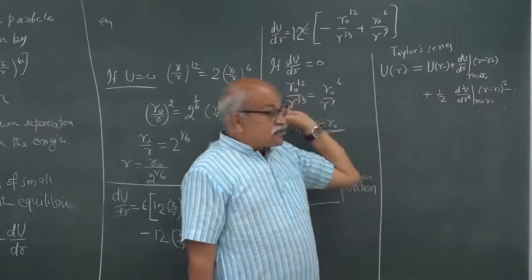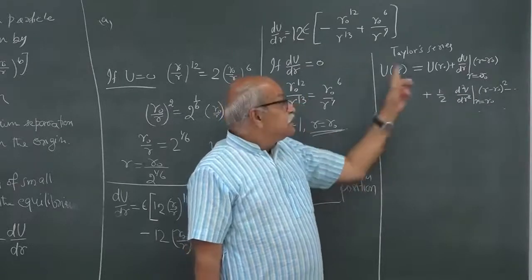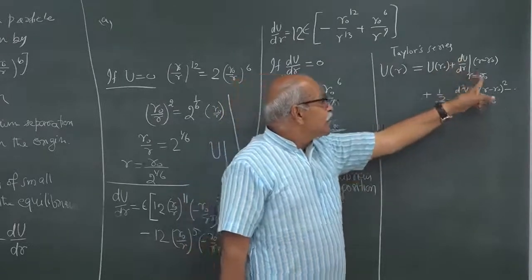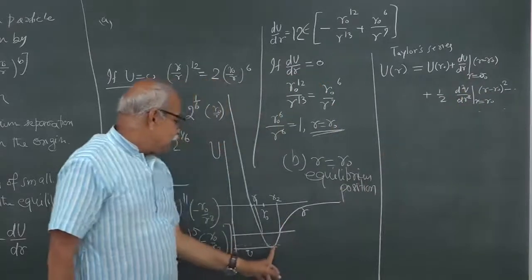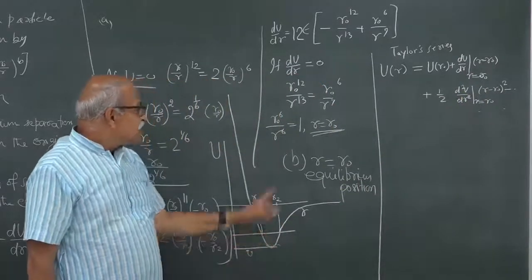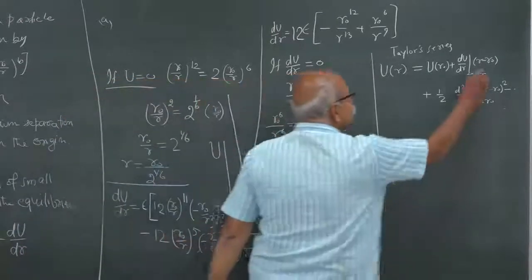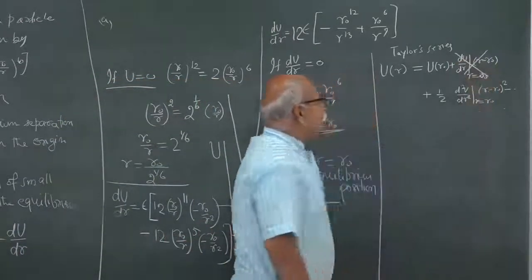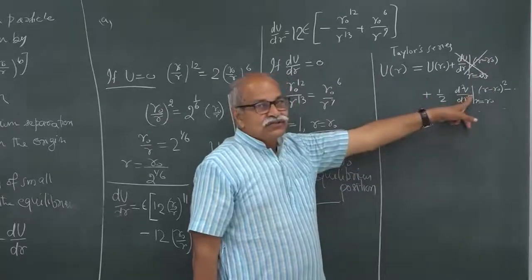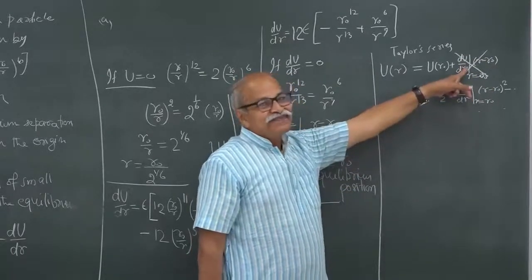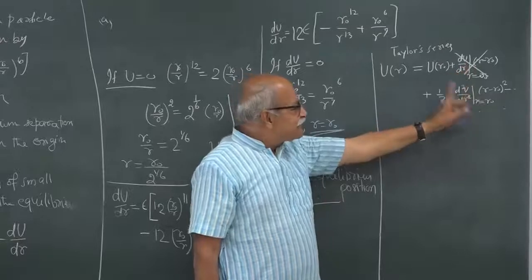Now, in our case du dr at r equal to r naught is 0. So, this term is not there, and so I cannot neglect this in comparison to this, and so I have to evaluate this.